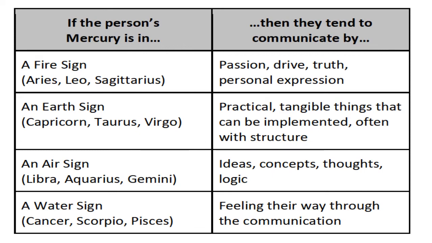And another way of looking at it is, well, each of these elements need to learn from the others. Okay, so a fire sign may want to begin to understand how to communicate effectively, how to relate to their partner, how to turn their passion into something that's tangible for their partner or exciting for their partner.